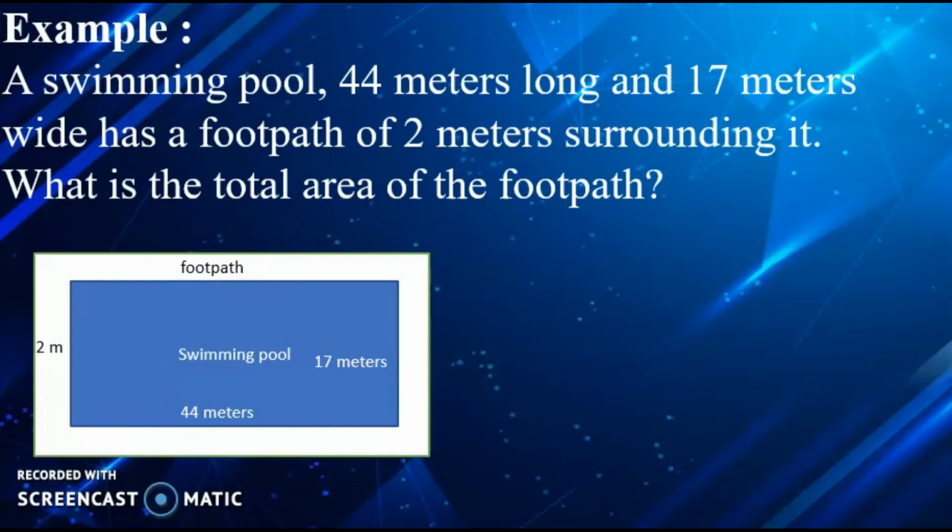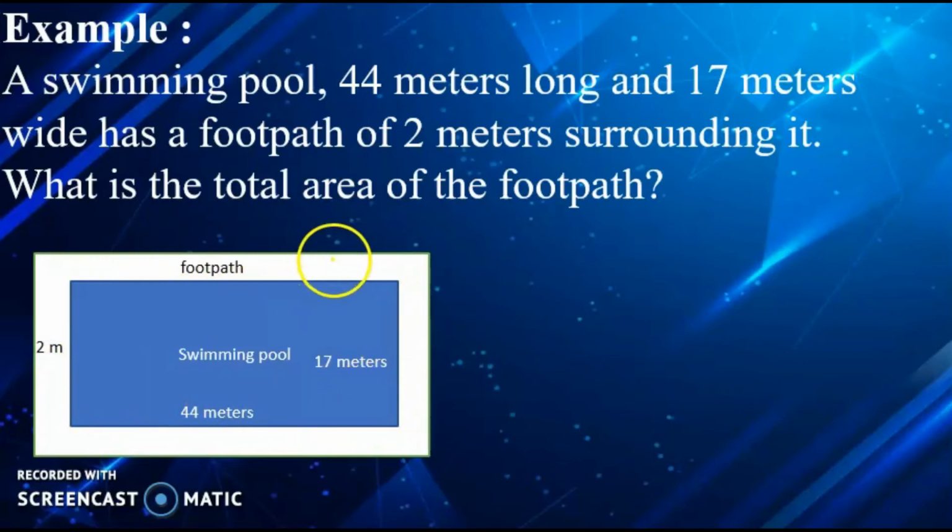Okay, so another example. A swimming pool, 44 meters long and 17 meters wide, has a footpath of 2 meters surrounding it. So, what's the total area of the footpath? Okay, ano ba yung footpath? Ito yung footpath, yung white. Diba? Kung ito yung swimming pool, yung blue part, yan yung swimming pool.